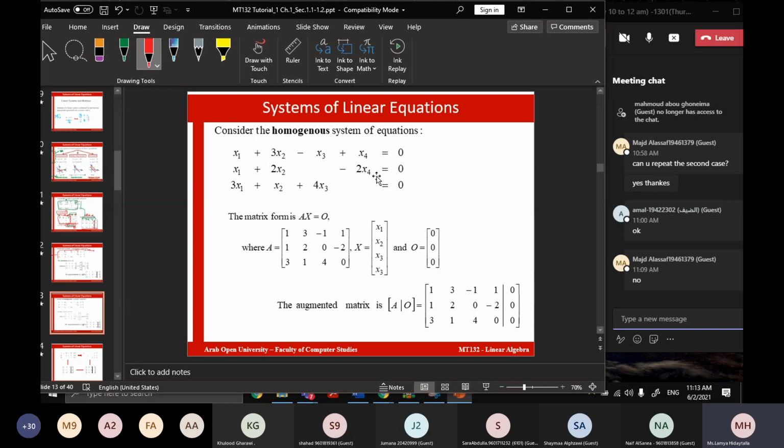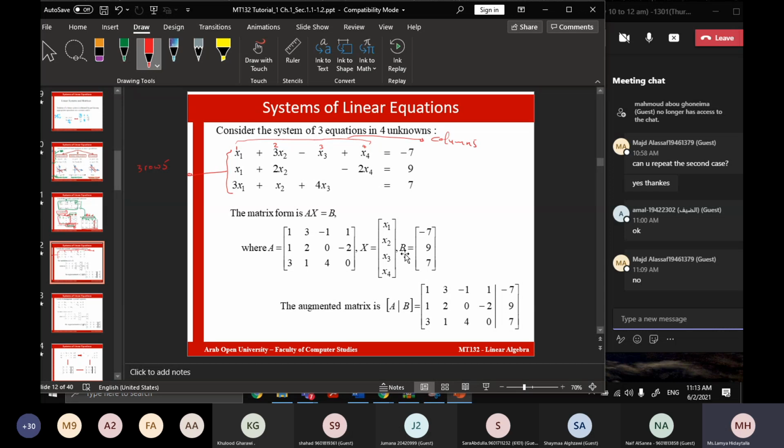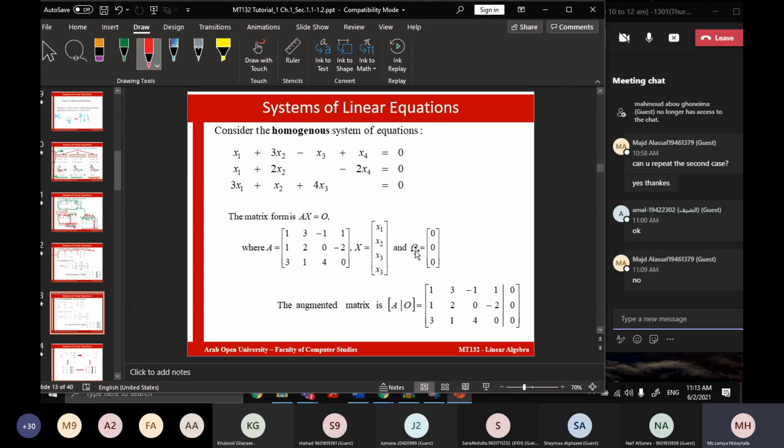Okay. Again, if I need the matrix form, is there a different way? No, it's the same as the previous, but here the constant بدل ما سماها B, he can call it O, or even you can call it B, ما في مشكلة. But it consists of شنو؟ كلها zeros. يعني لو اداني matrix like this قال لي this is the coefficient matrix.